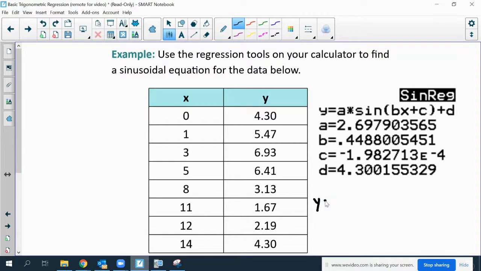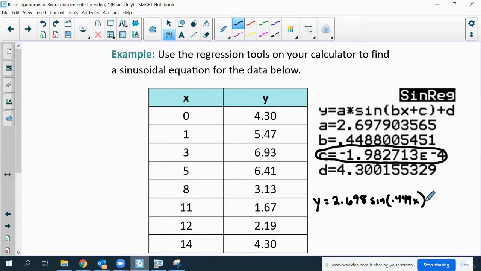So when I write my answer, it will be y equals 2.698 sine of 0.449x. Then remember, when I have this c, it's 0.000198. It's very, very small. That's practically 0.